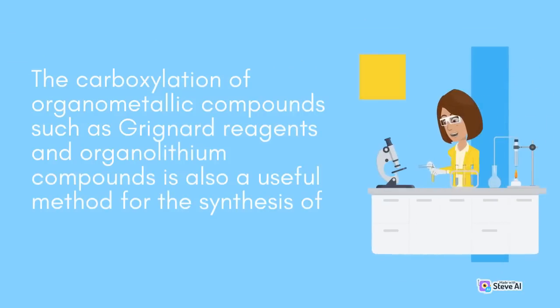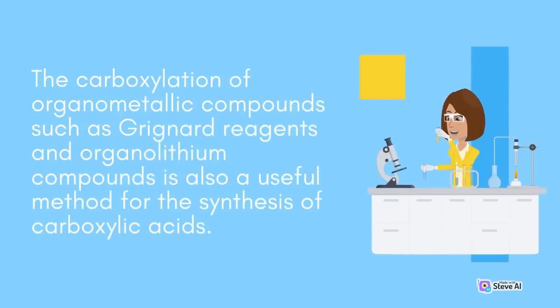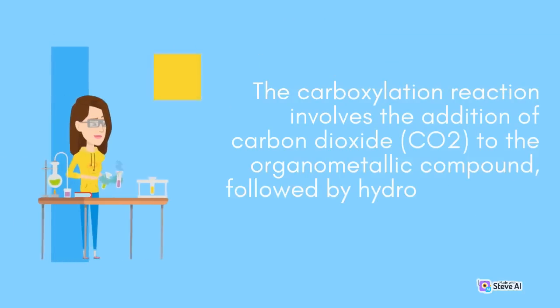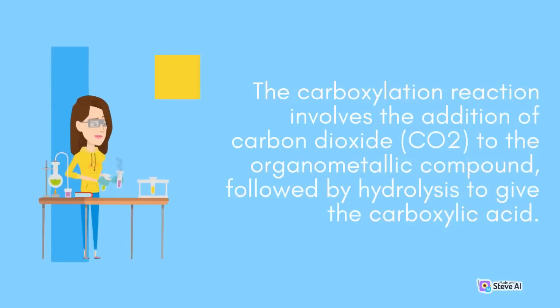The carboxylation of organometallic compounds such as Grignard reagents and organolithium compounds is also a useful method for the synthesis of carboxylic acids. The carboxylation reaction involves the addition of carbon dioxide, CO2, to the organometallic compound, followed by hydrolysis to give the carboxylic acid.